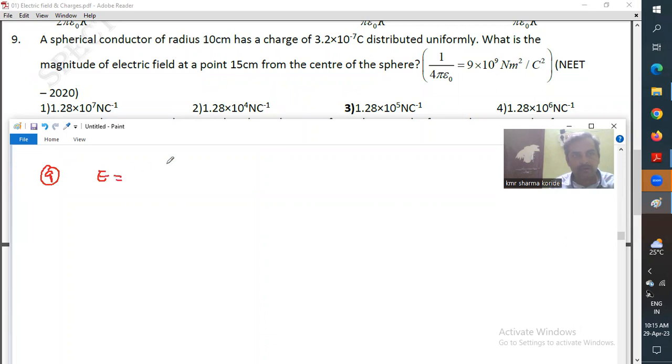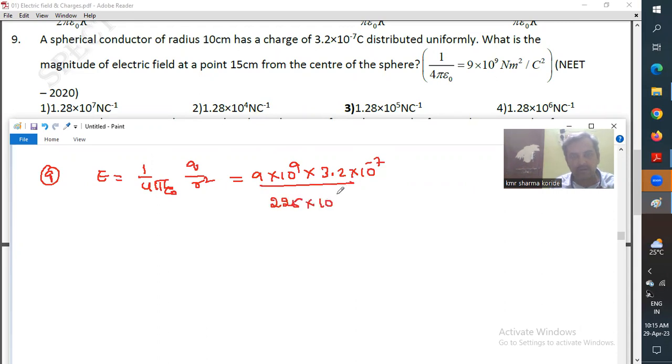Directly write the formula: intensity of electric field due to a point charge, 1 by 4 pi epsilon naught q by r square. So r is 15 centimeters from the center of the sphere. So this is 9 into 10 to the power of 9, charge is 3.2 into 10 to the power of minus 7, and r is in centimeters, so 15 square, so 225 into 10 to the power of minus 4.